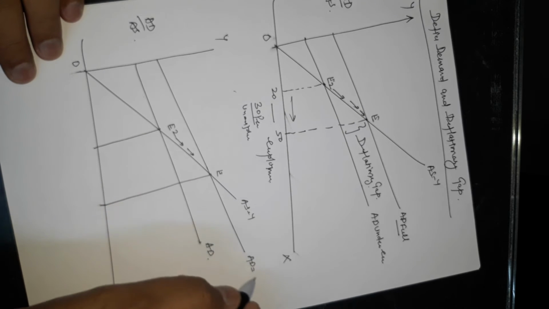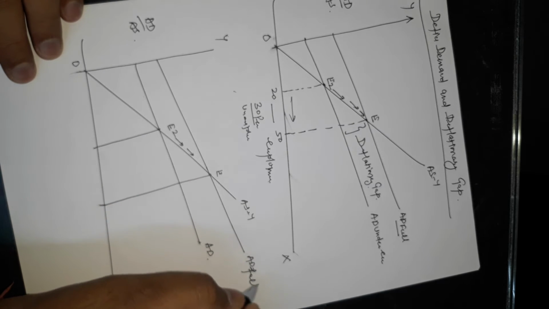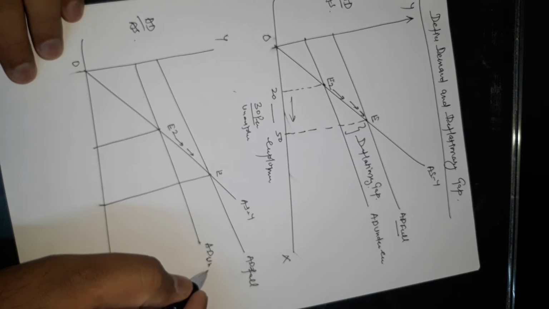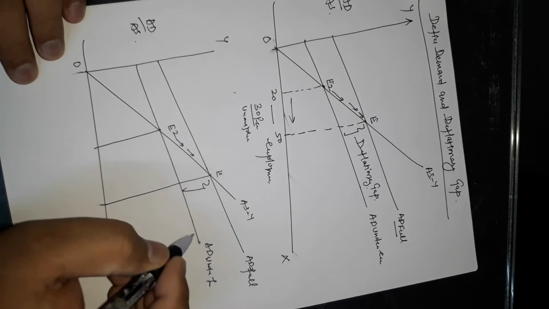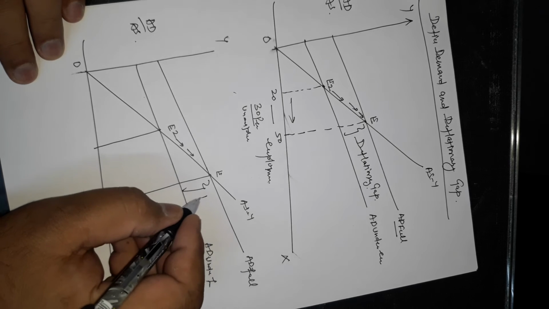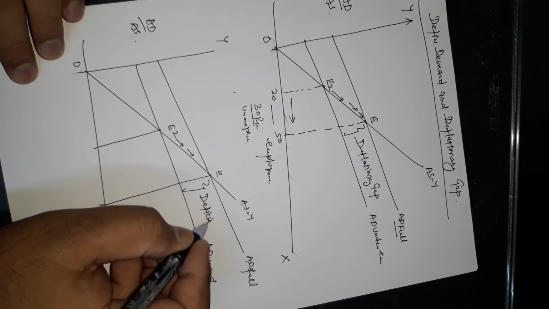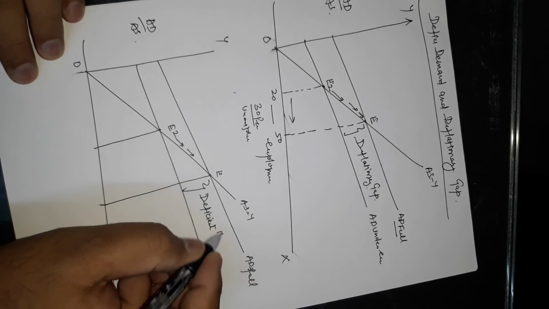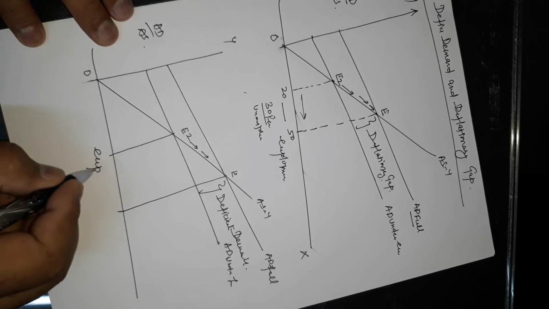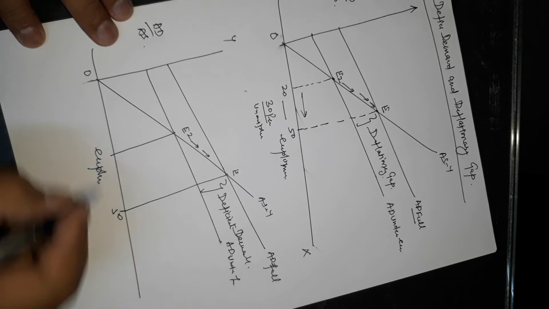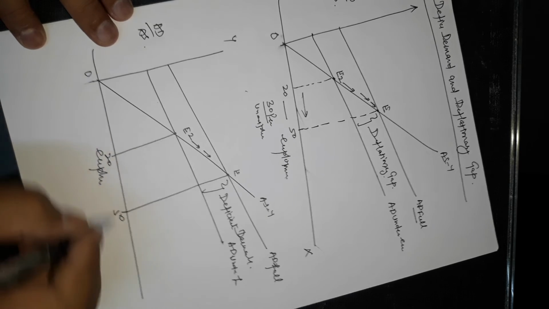This is the full employment, this is the under full employment, so that particular gap is called deficit demand. So it means employment level 50-20, this value is assumed.